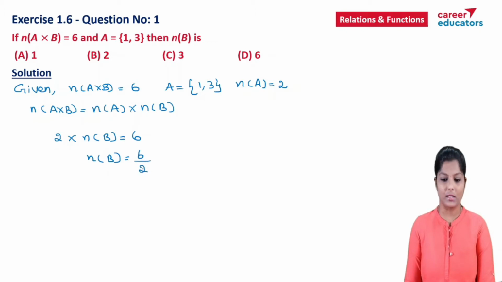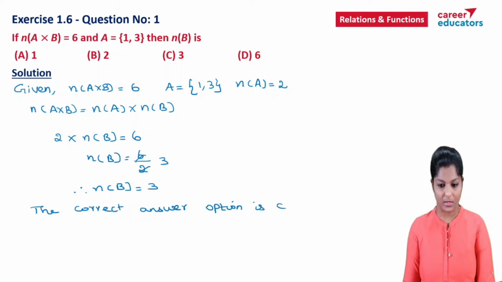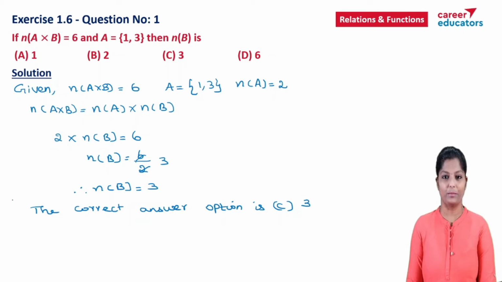If we cancel this, we will get 3. Therefore, n of B equal to 3. So, the correct answer option is C. That's all, we have completed this problem.